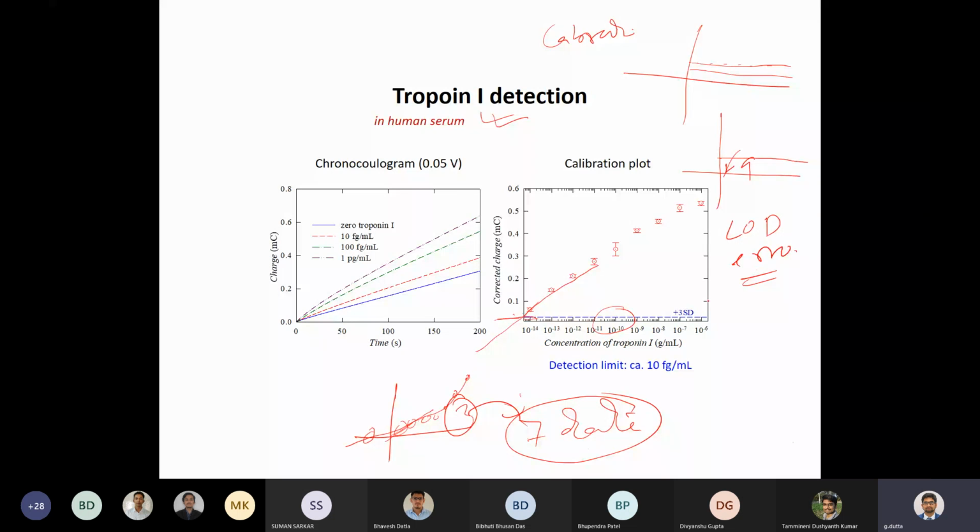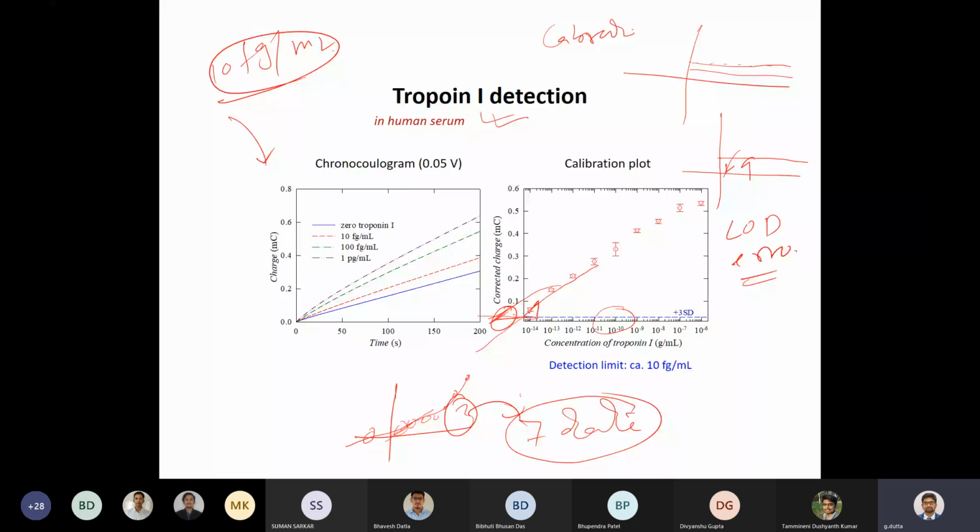Okay, so if from your sensor your limit of detection is, suppose, 10 femtogram per ml, but maybe you are getting your intersect on the negative side, you are just avoiding it, because you cannot say it is a negative concentration. So you can go to some concentration above it.